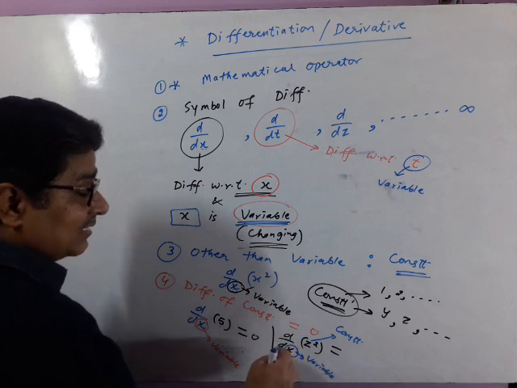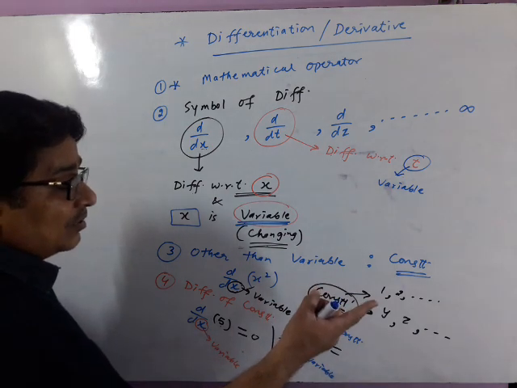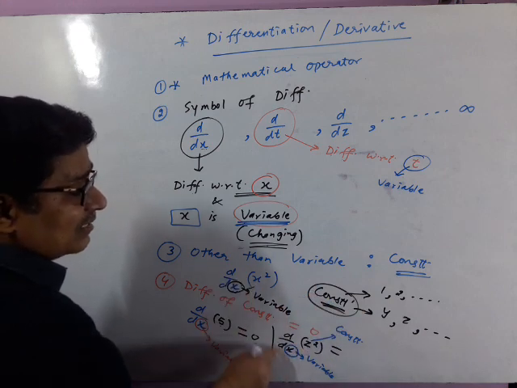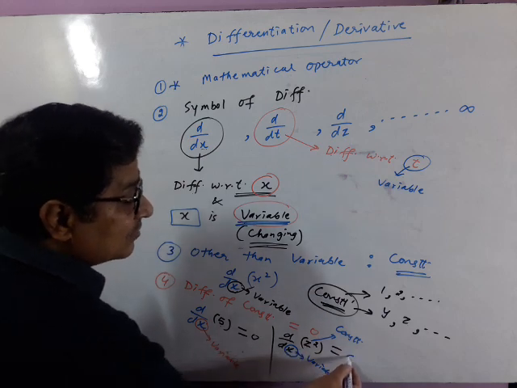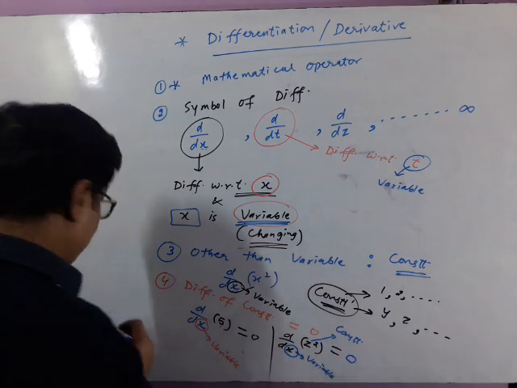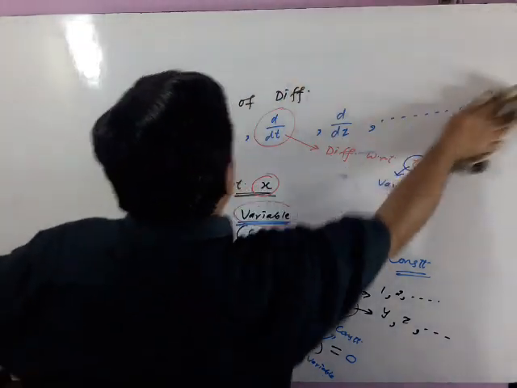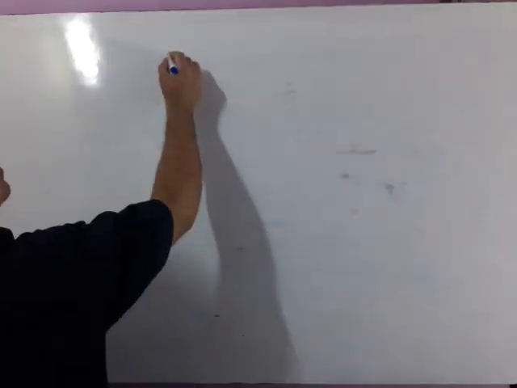If he tells in a numerical that z is depending upon x, then I will tell you in chain rule. Now other than x, z is constant. Other than x, everything is constant. So differentiation of a constant will be 0. Focus on this. Breathe in slowly and gradually. This is point number 4.